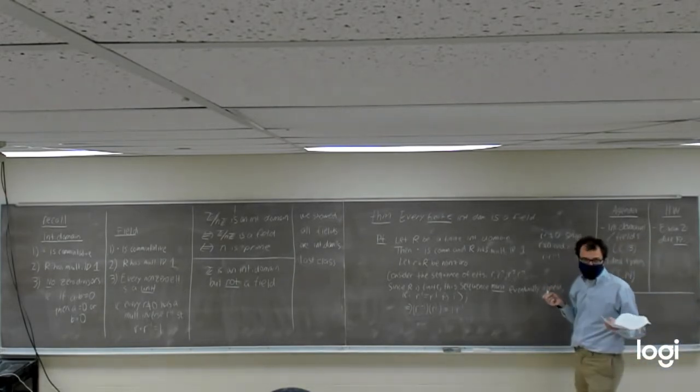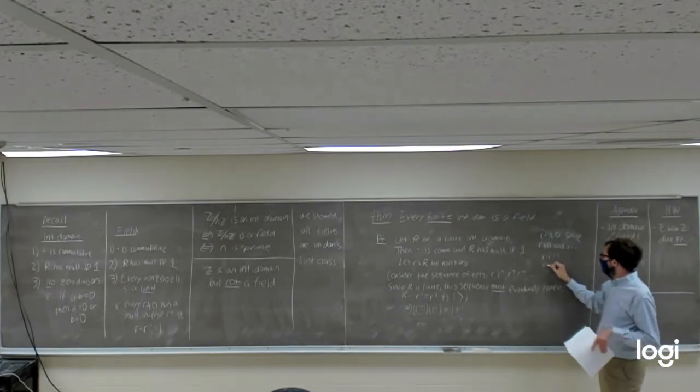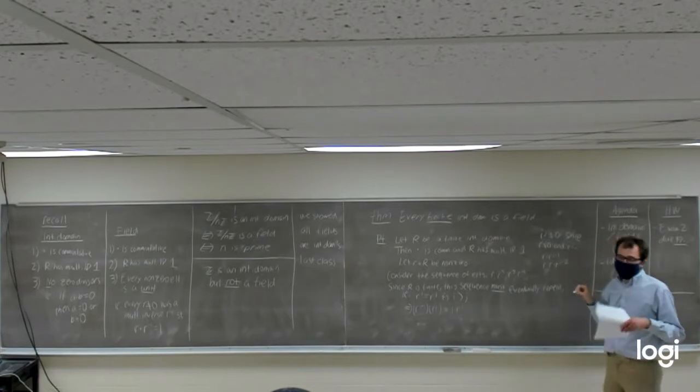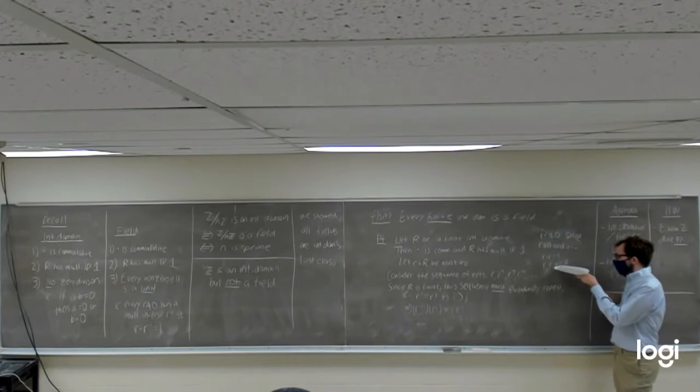What if r to the j minus 1 is 0? Well, then we can replace this with r times r to the j minus 2, and just keep going downward from there until we eventually end up with just r's here.